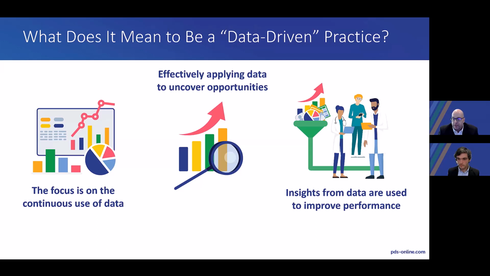And then, of course, once they start making changes, they want continual insights from that data to make sure the performance is improving in the way that they would like to see. Now, this is really easier said than done. And I know, Colin, that a lot of organizations are still struggling to get there.